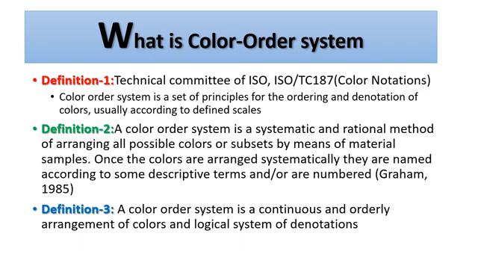Once the colors are arranged systematically, they are named according to some descriptive terms or are numbered. The third definition, summarizing the first two: a color order system is a continuous and orderly arrangement of colors and a logical system of denotation.